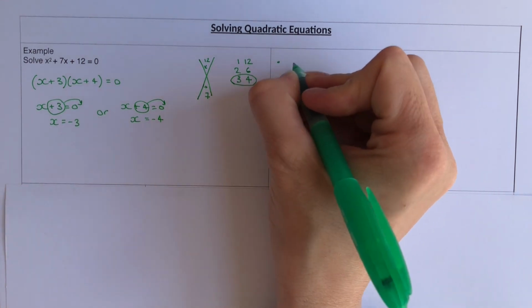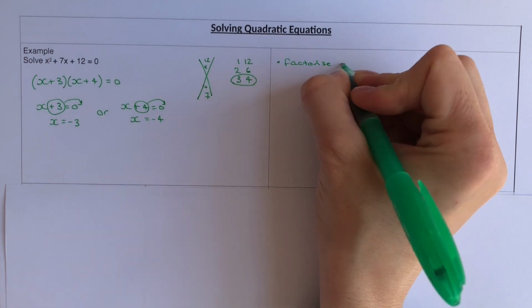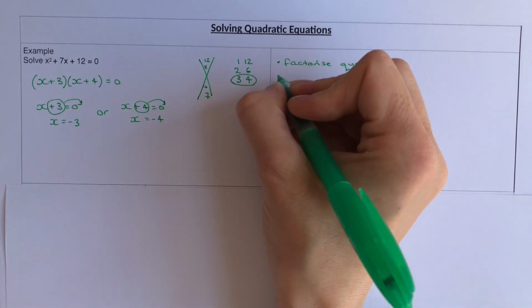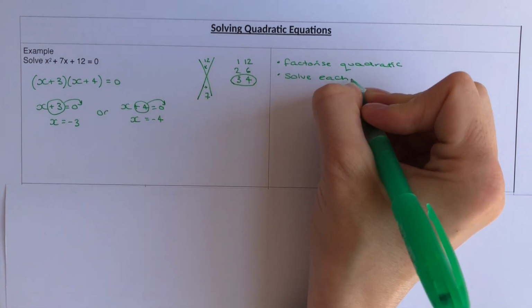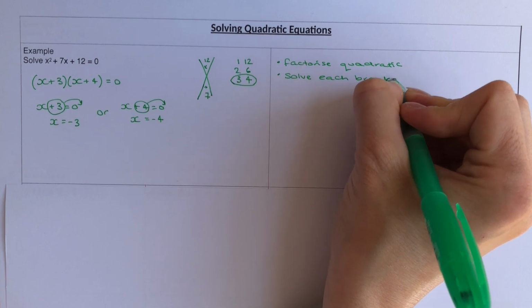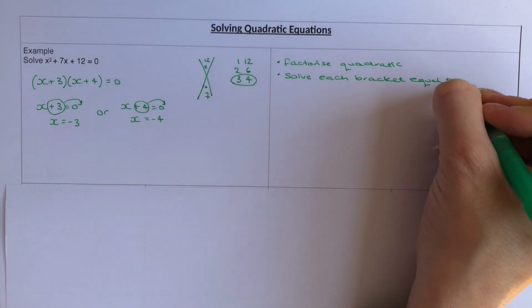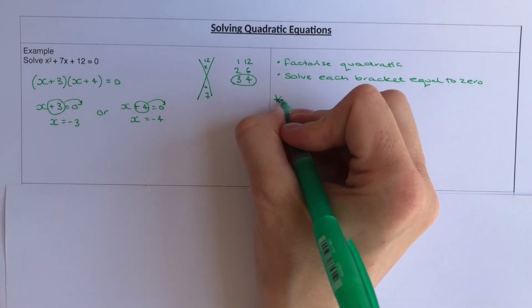So let's write down our steps. First thing we do is factorise the quadratic. Then you solve each bracket equal to 0. Now, there's two things to remember here.